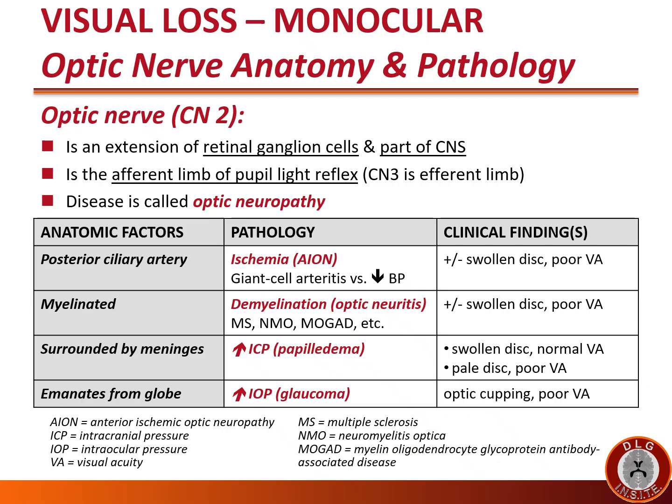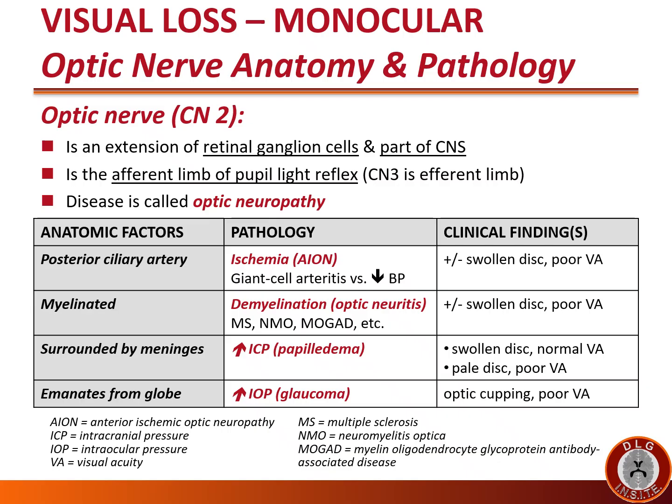And so true papilledema, a swollen disc, is going to have normal visual acuity. You don't affect visual acuity when the disc is swollen. However, long-term papilledema can end up compressing that optic nerve so long that it makes it have poor visual acuity, but at that point it won't be swollen looking anymore, it'll be pale. So a pale disc with poor visual acuity is a sequela of long-term increased intracranial pressure.